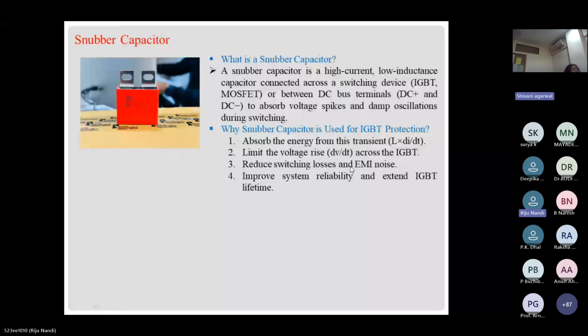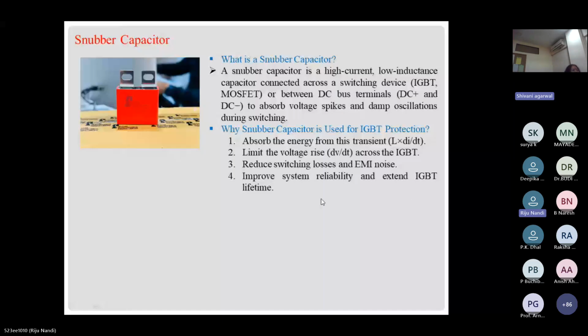EMI is a main concern if you are using a converter, because electromagnetic interference causes losses, so you have to reduce that EMI. That's why we are using snubber capacitors, to reduce switching losses and EMI noise, improve system reliability and extend the IGBT lifetime.